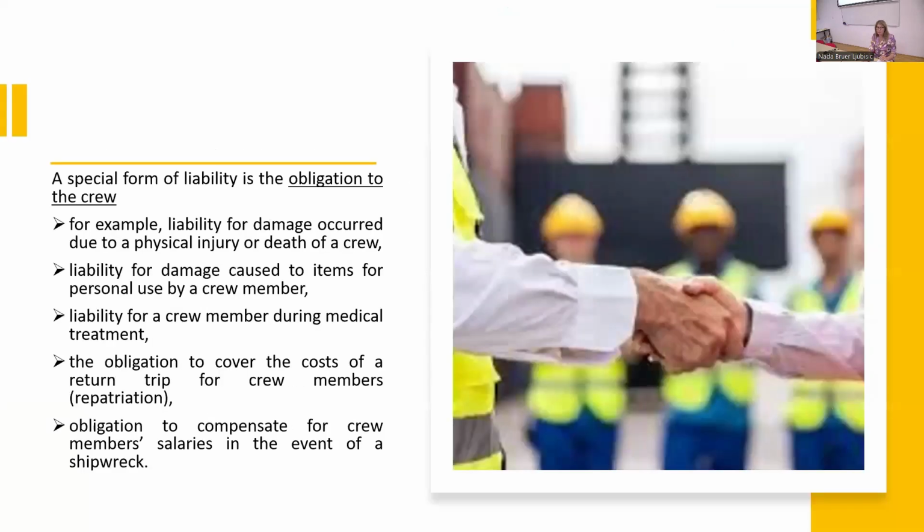And a special type of liability is the obligation to the crew. For example, we can talk about liability for damage occurring due to physical injury or death of a crew member, or liability for damage caused to items for personal use by a crew member, or the obligation to cover the costs of repatriation, the return trip back home on board for a crew member, and the obligation to pay salaries in the event of shipwreck.